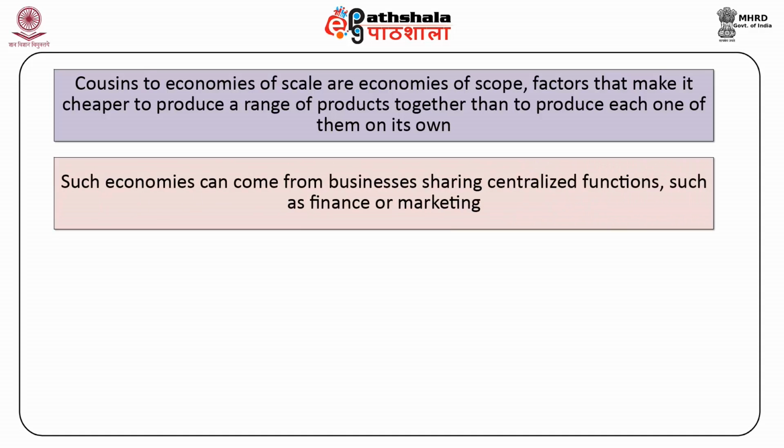Such economies can come from businesses sharing centralized functions such as finance or marketing, or they can come from interrelationships elsewhere in the business process, such as cross selling one product alongside another, or using the outputs of one business as the inputs of another.